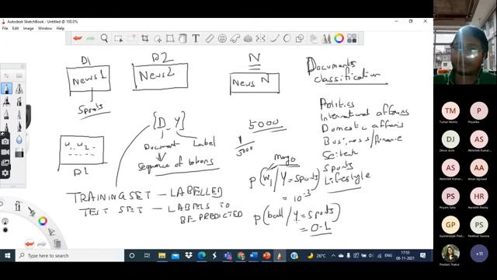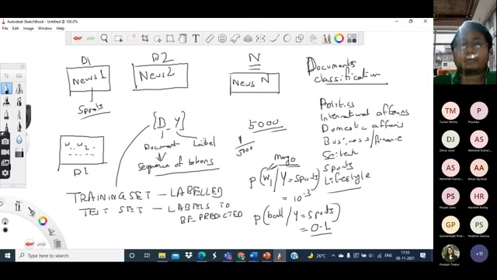Compared to that, the word ball has a probability of 0.1, which is quite significantly high. So compared to any random word, ball is quite likely to appear in the topic called sports.